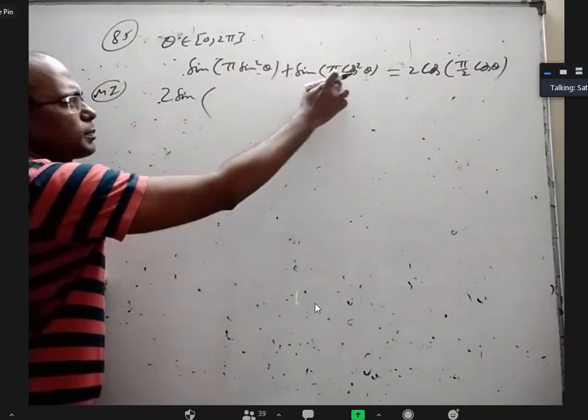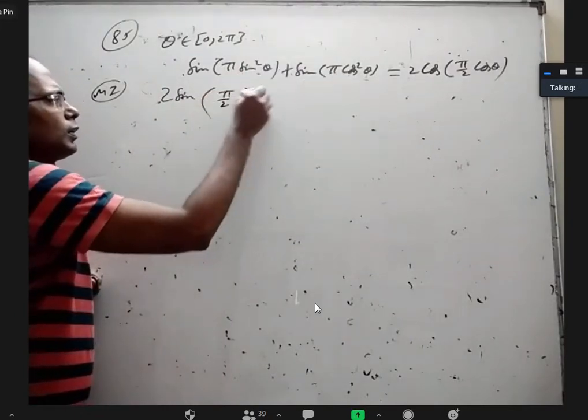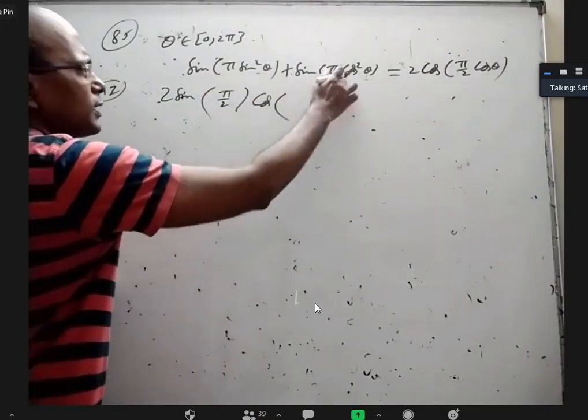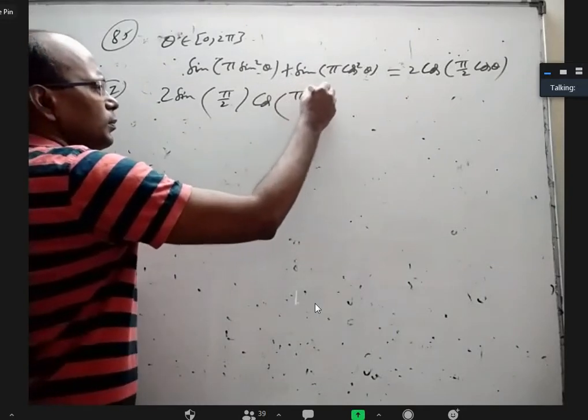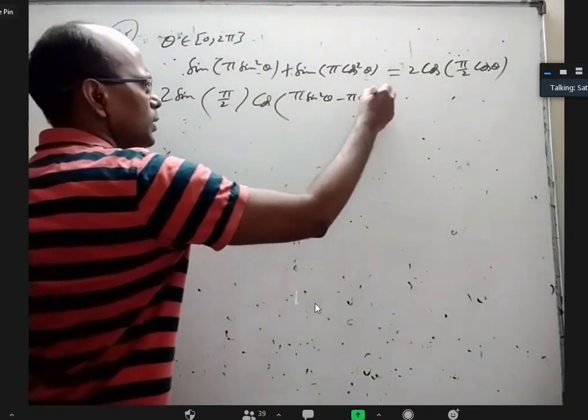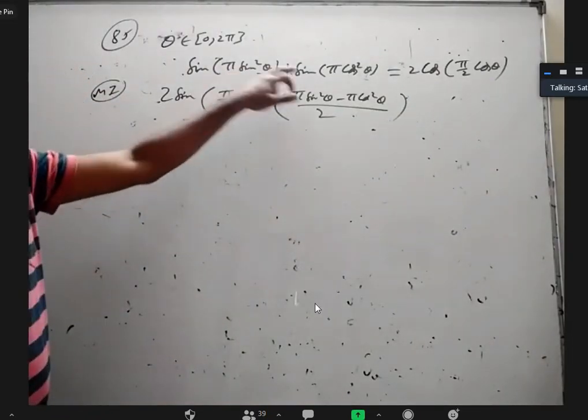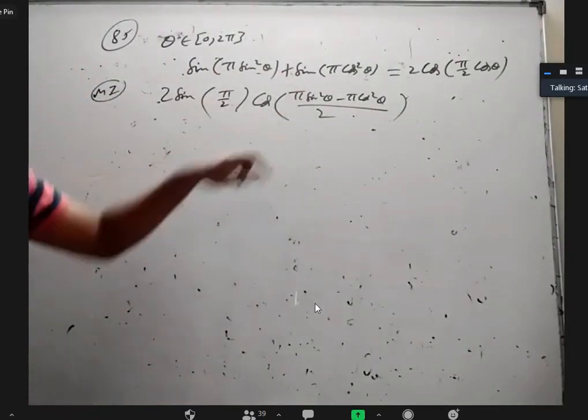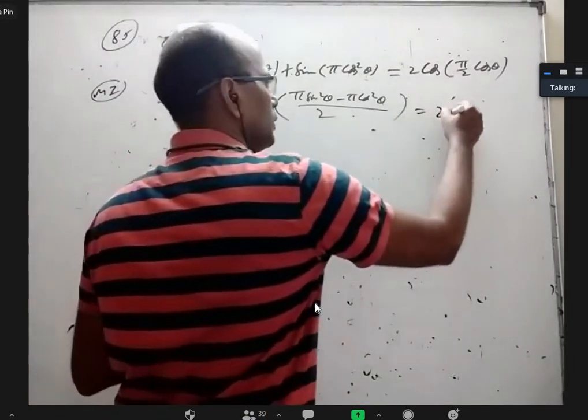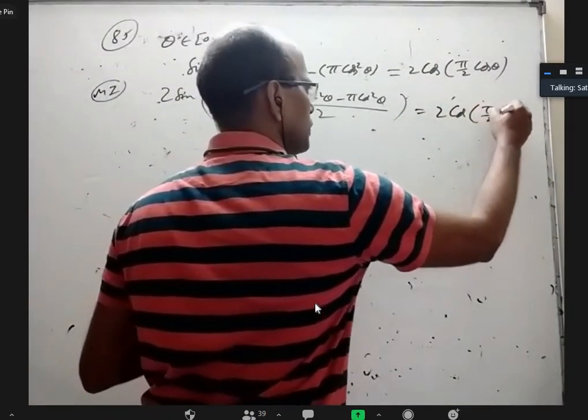This plus this is pi by 2, cos of this minus this by 2, which is pi sine square theta minus pi cos square theta by 2.